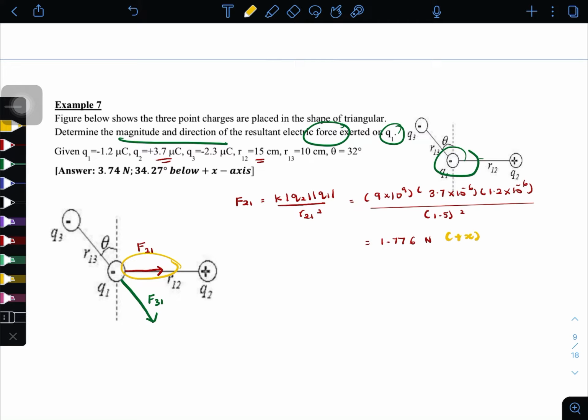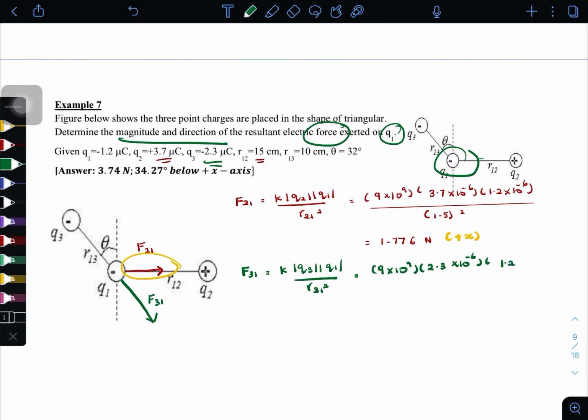Right. Next, we calculate the F31. So F31 is K Q3 Q1 over R31 square. So 9 exponent 9. Q3 is negative, but we only put the positive value. Exponent negative 6.